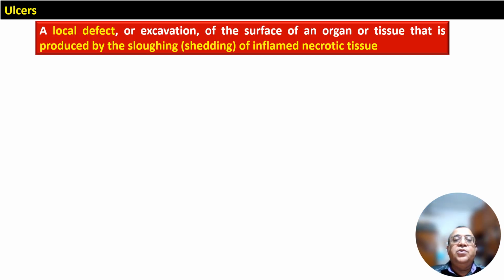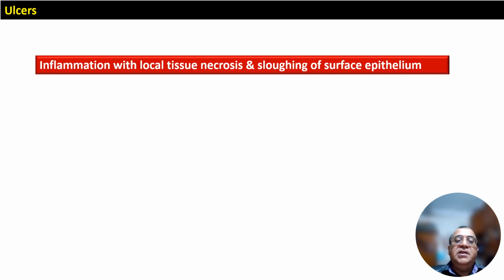Ulcer formation is another morphologic pattern of acute inflammation. An ulcer is a local defect or excavation of the surface of an organ or tissue that is produced by sloughing or shedding of the inflamed necrotic tissue. So it can be defined as inflammation with local tissue necrosis and sloughing of the surface epithelium.